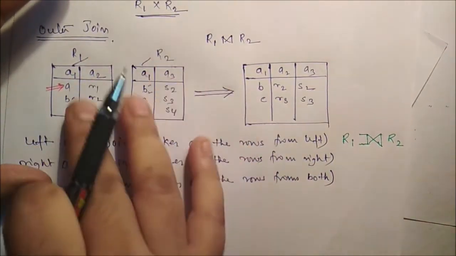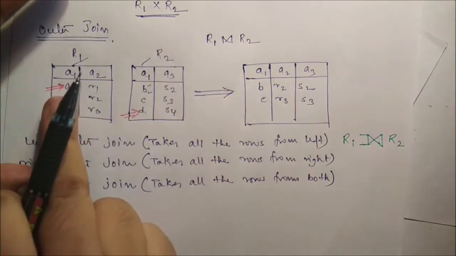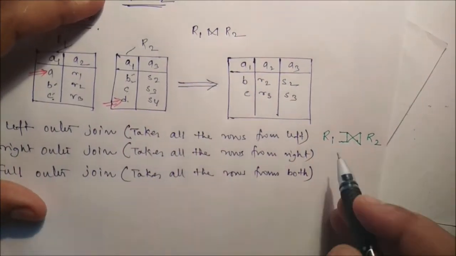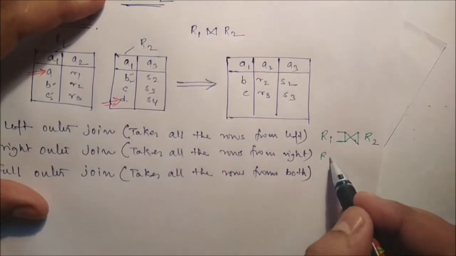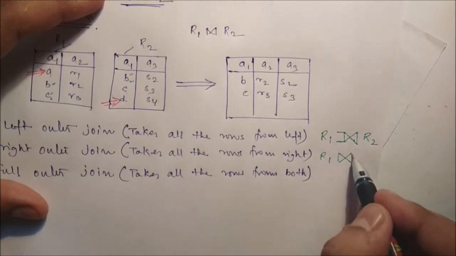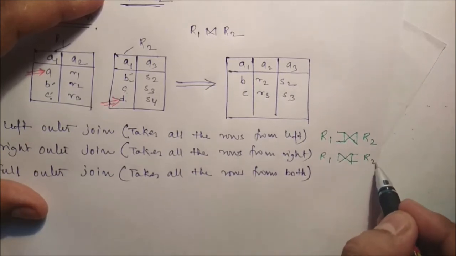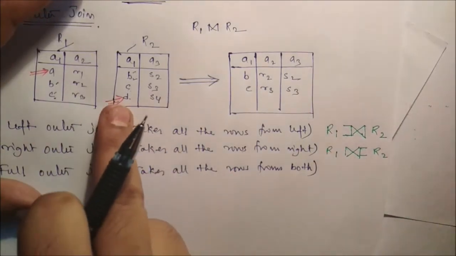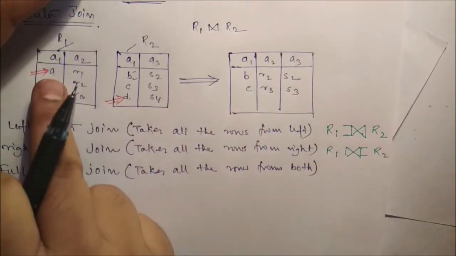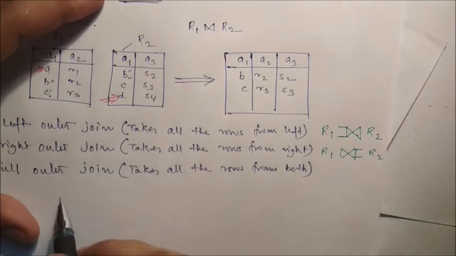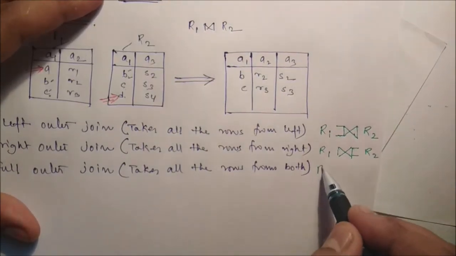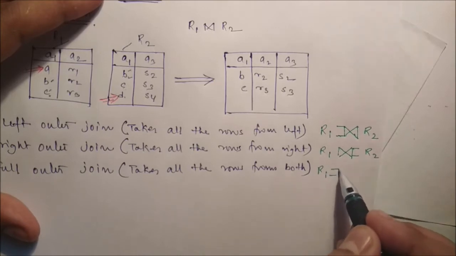If you apply the left outer join here, it will include A only, not D. Right outer join takes all the rows from the right table. If you apply the right outer join, it includes only D in the final result. Finally, a full outer join takes all the rows from both the tables, from both the relations.